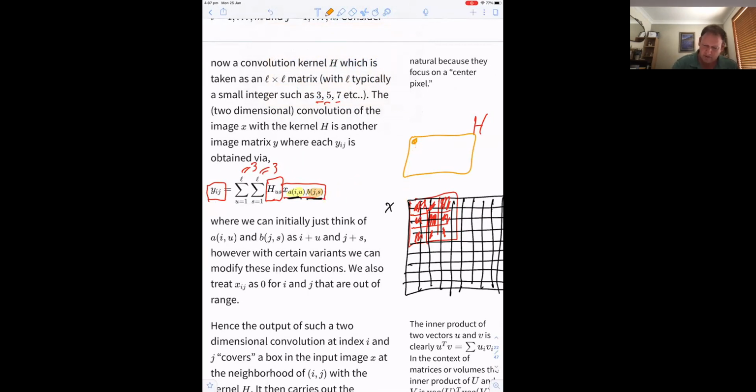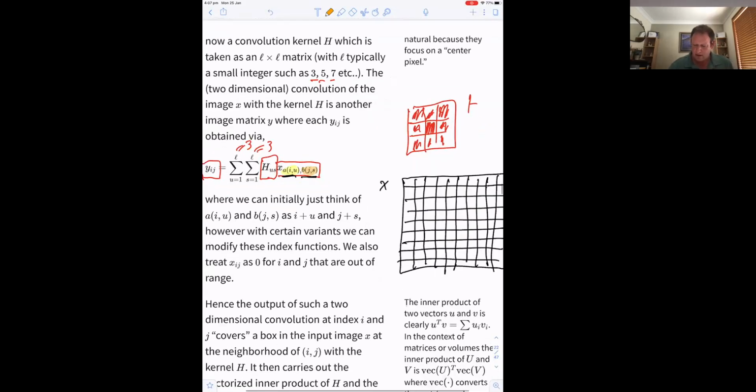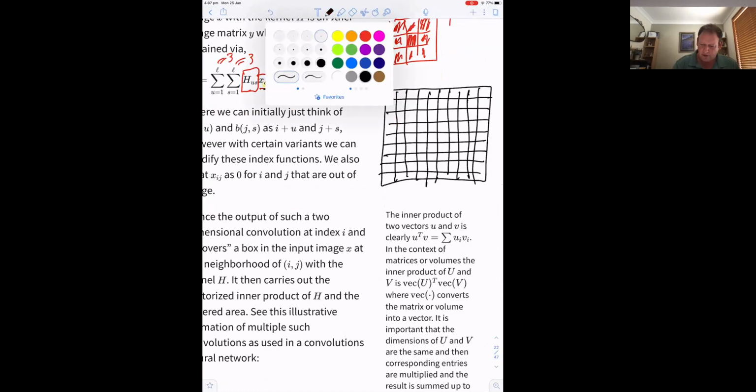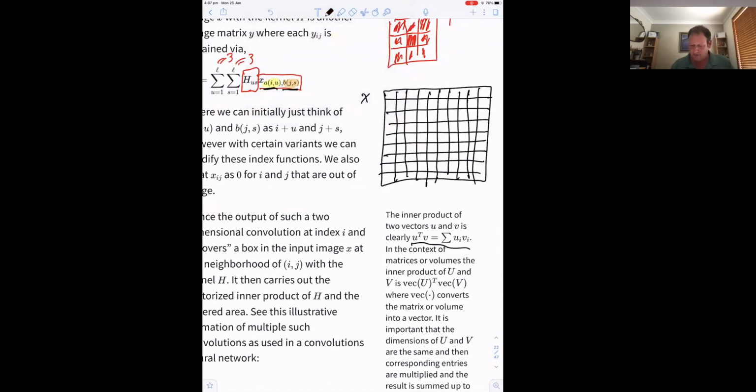Let me undo a bit so I can move this more. Then you shift 1 to the right, or maybe 2 to the right, depending. We'll see that in a second. That's going to be the second entry, and every time you do the inner product. You know what an inner product of two vectors is, right? The standard Euclidean inner product just adds up the products of the entries.